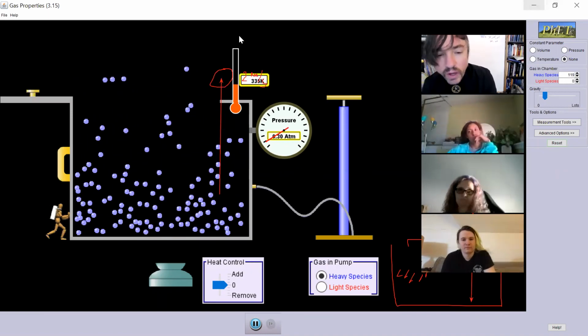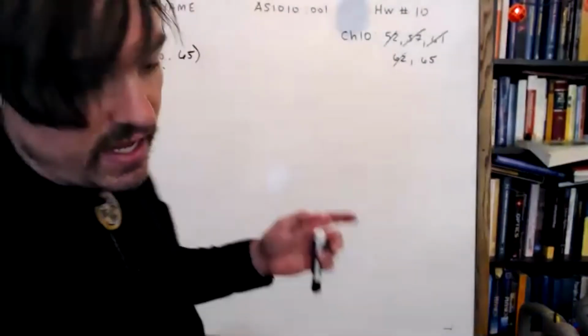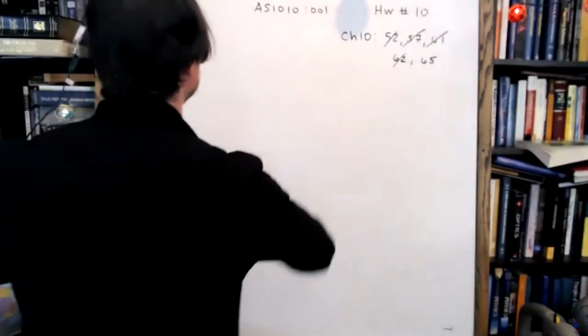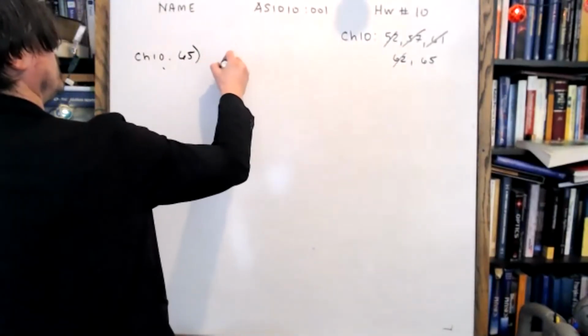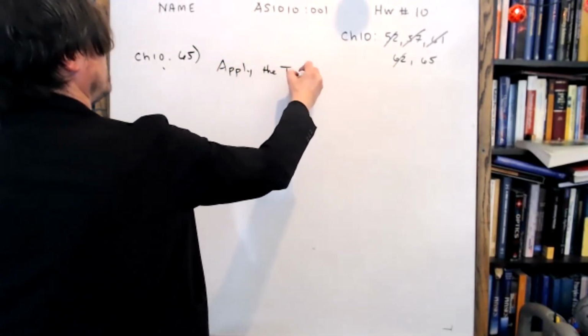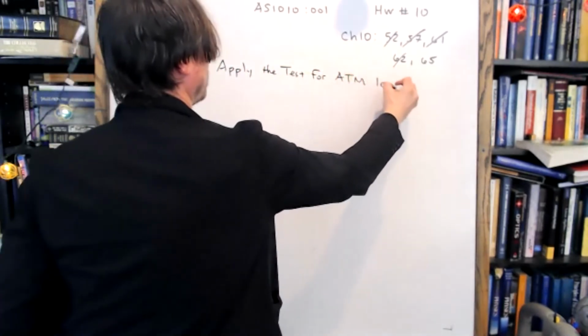Okay, what you need to do to figure out if a planet will lose its atmosphere over time is apply the test for atmospheric loss.